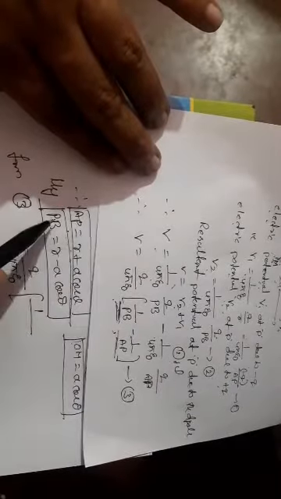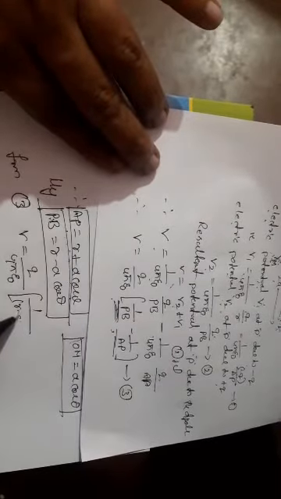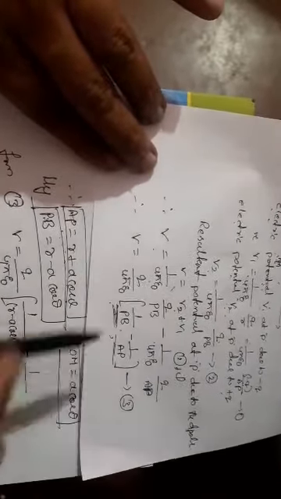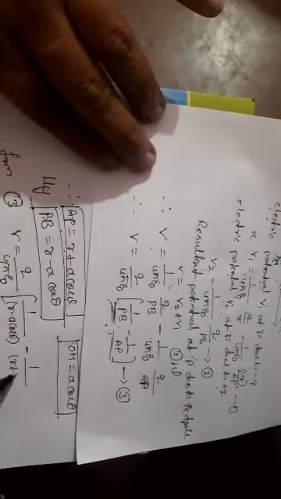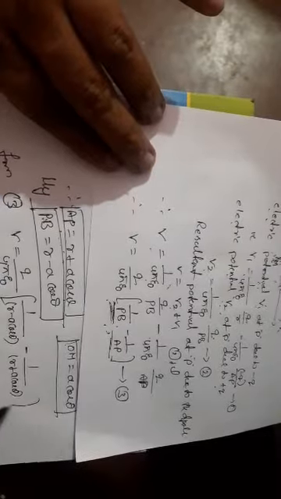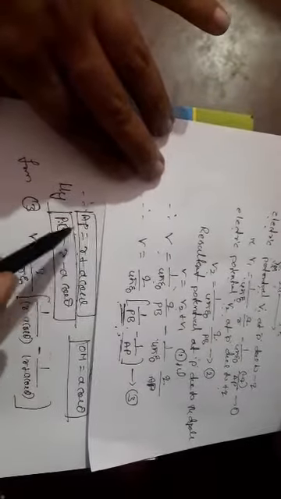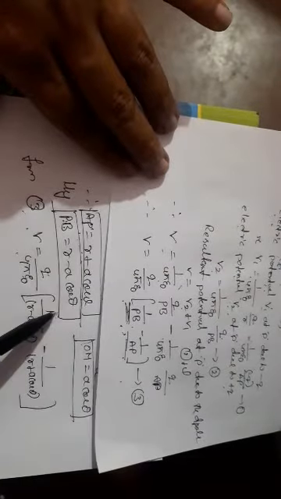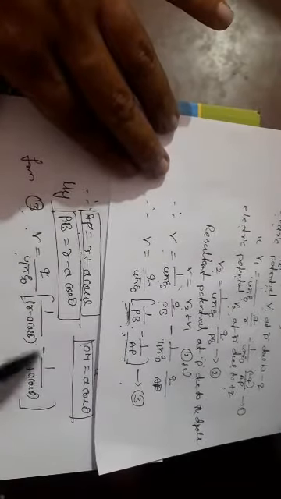The PB value is r minus a cos theta, and the AP value is r plus a cos theta. So V is equal to Q by 4 pi epsilon naught times 1 by r minus a cos theta minus 1 by r plus a cos theta.